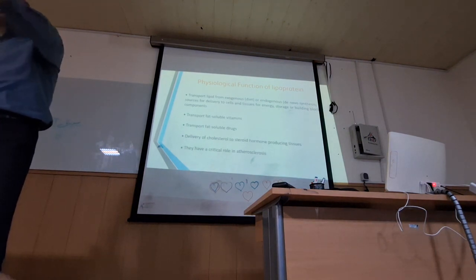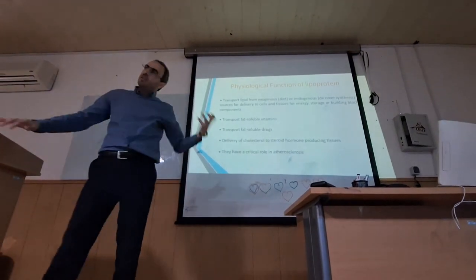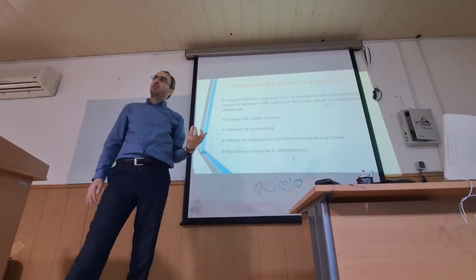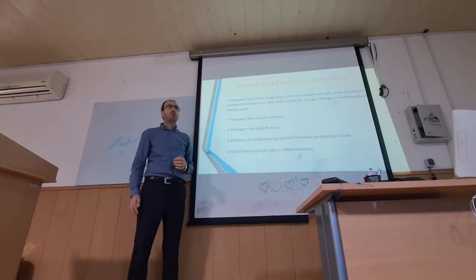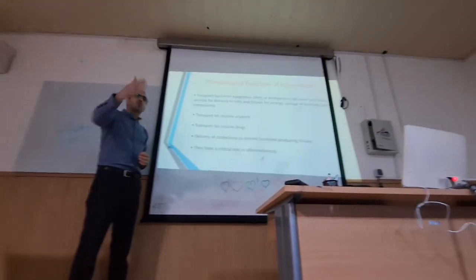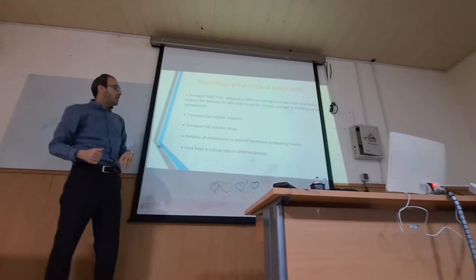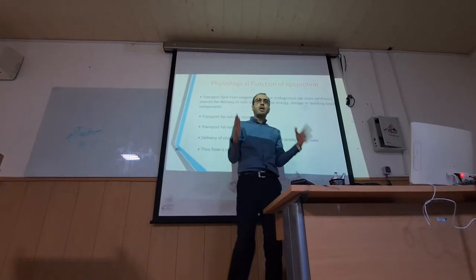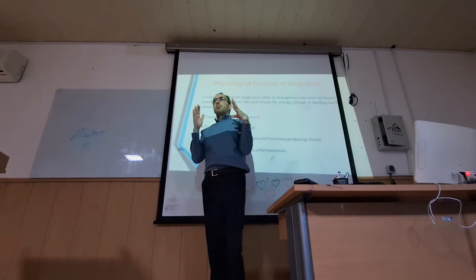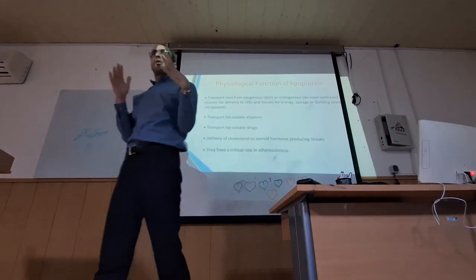They need cholesterol, and this cholesterol should be received from lipoprotein from the plasma. So another function of lipoprotein is transporting cholesterol, and they have a critical role in atherosclerosis. You know, we have the main health problem in the world.